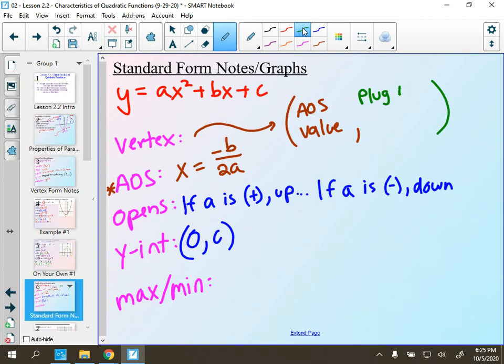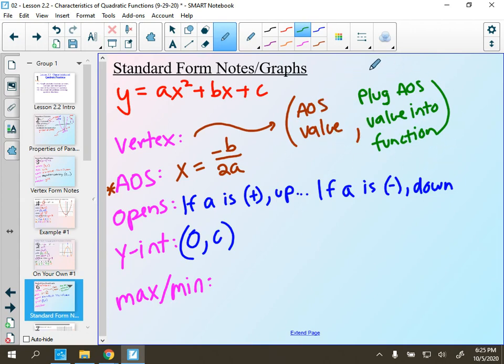Plug the AOS value into the function, and then evaluate, like simplify, to get down to a single number. All right, we'll do that. Hopefully that'll clarify things, but that's how we're going to get our vertex.